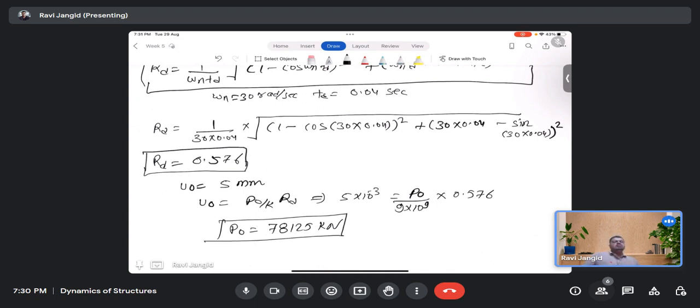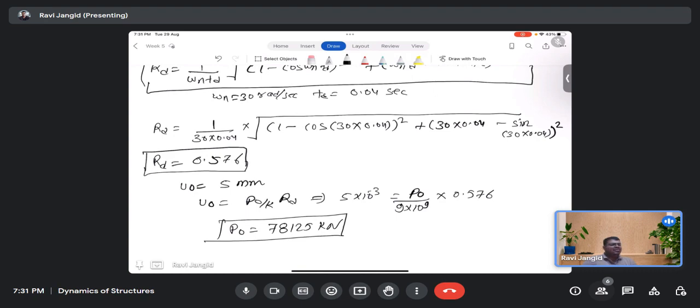So is there any doubt in this question? Sir, I have a doubt. Can you please clarify, we have done previously TD by TN less than 0.25, right? Can you please explain this 0.371 and 0.25? What is the difference?